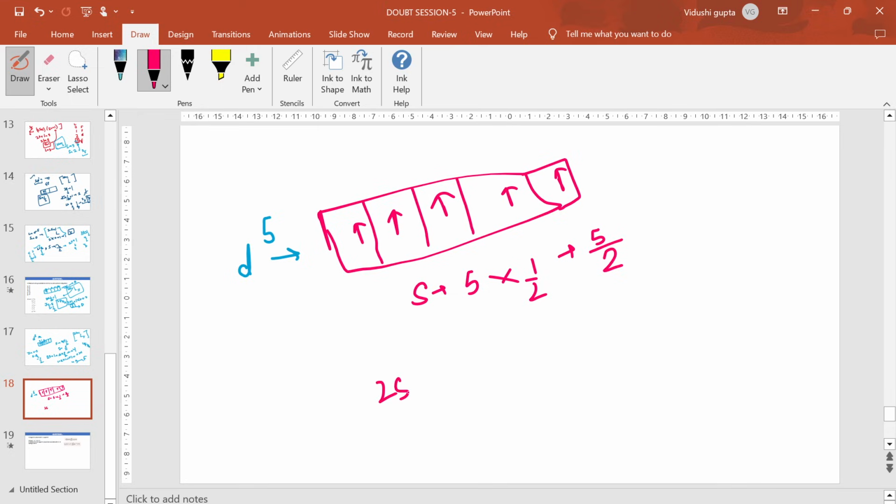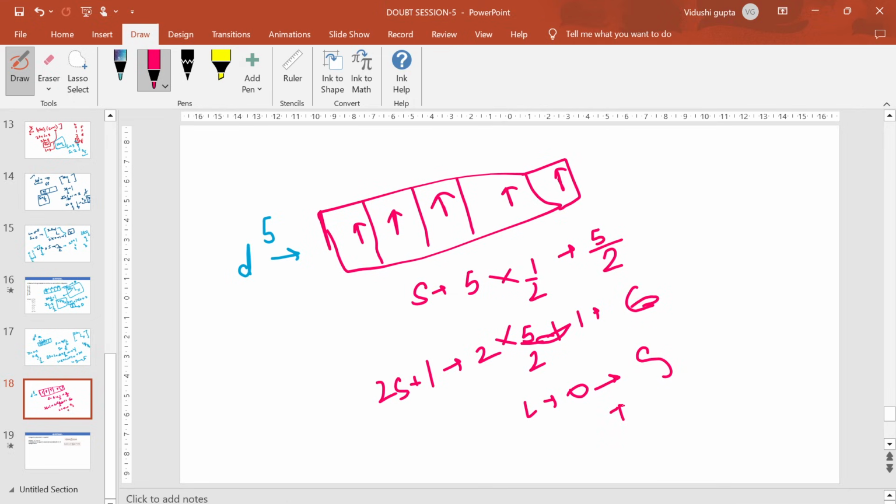Use the formula 2S plus 1, so it will be 2 into 5 by 2 plus 1, that means 6. And what about L? L will be 0, so it is S. And what about J?